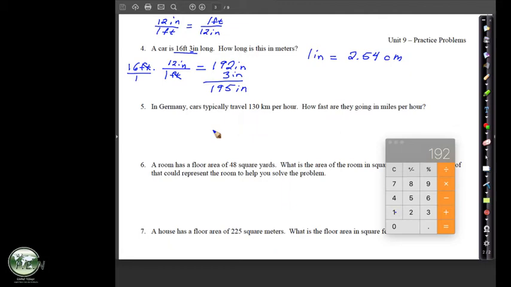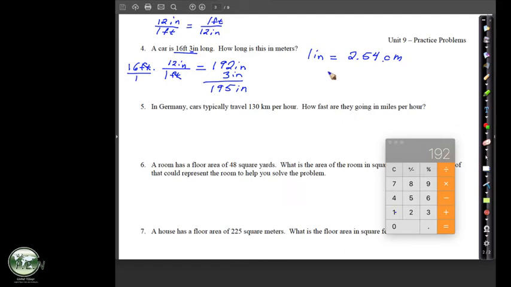But that's not what we want. We don't want to know how many inches it is. We want to know how many meters it is. And again, the only fact we have, to get it into the metric system, we can get it into centimeters. So how are we going to change 195 inches into centimeters? Well, let's think of the process.